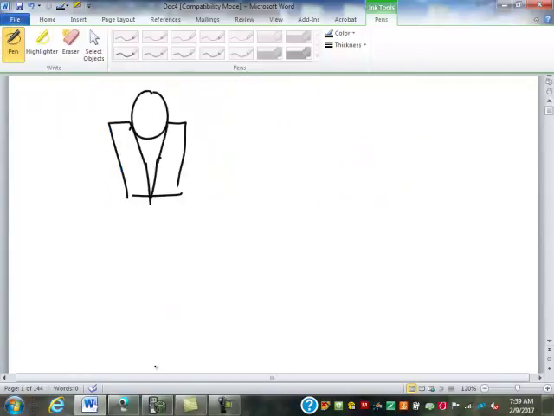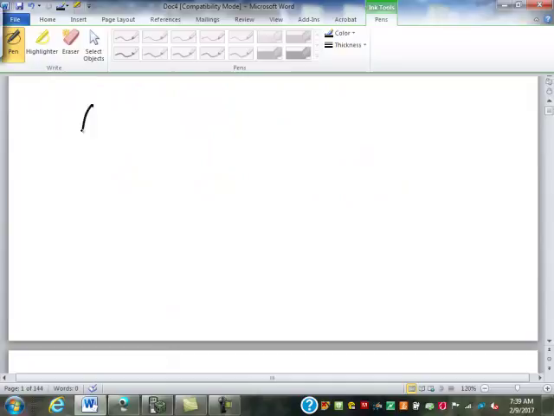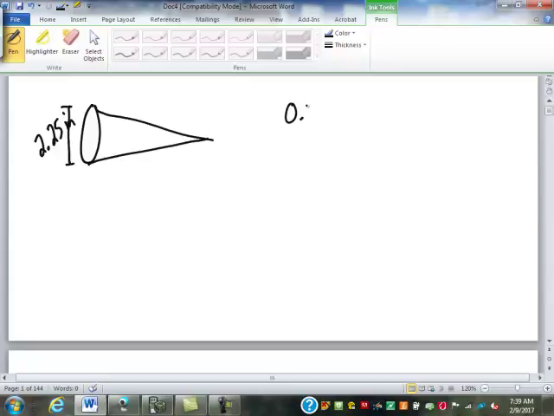I might give you something like this. Say this diameter here is 2.25 inches. And this taper is 2.75 inches per foot. And I should find the length for that.